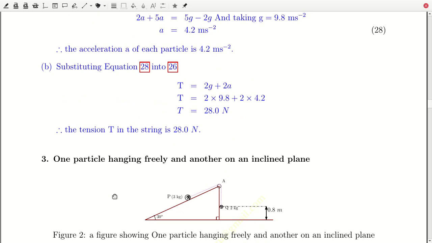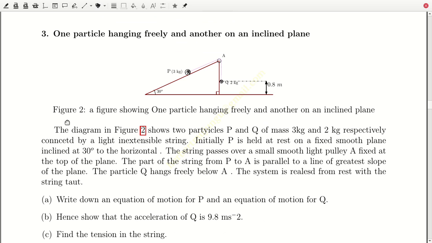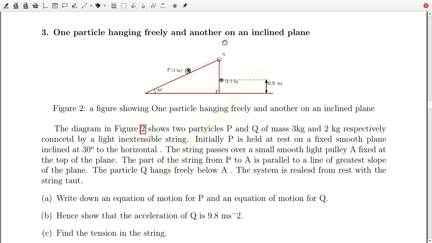Let's try a different one where we have one particle hanging freely and another on an inclined plane. As you can observe here, I will not read through the question this time, but you can see we have an inclined plane which is inclined at an angle of 30 degrees, and we have a particle of 3 kilograms on the incline and another particle of 2 kilograms.